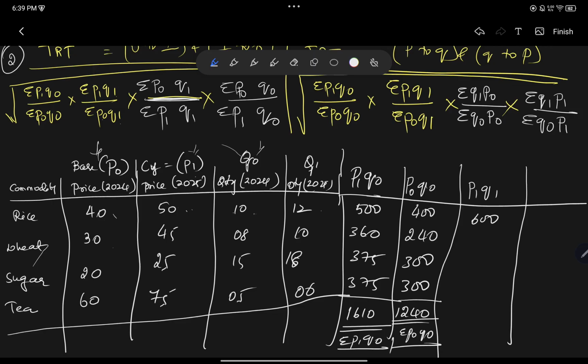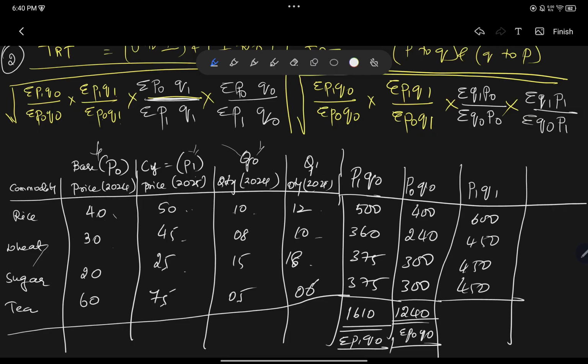Next, 45 into 10, I think, right? 450. 25 into 18, 450. 75 into 6 is 450.